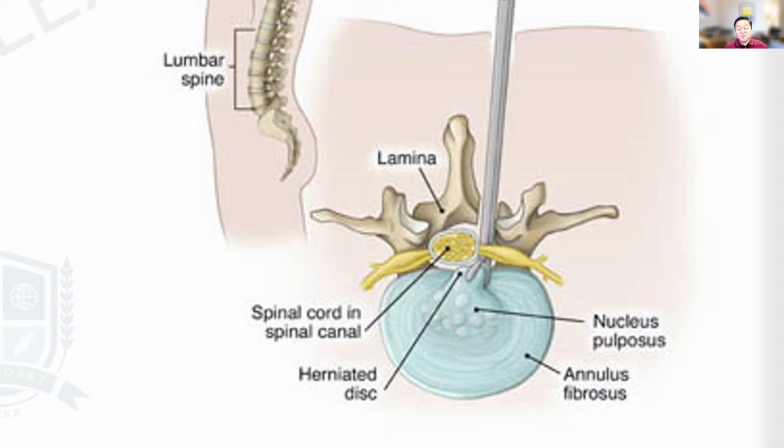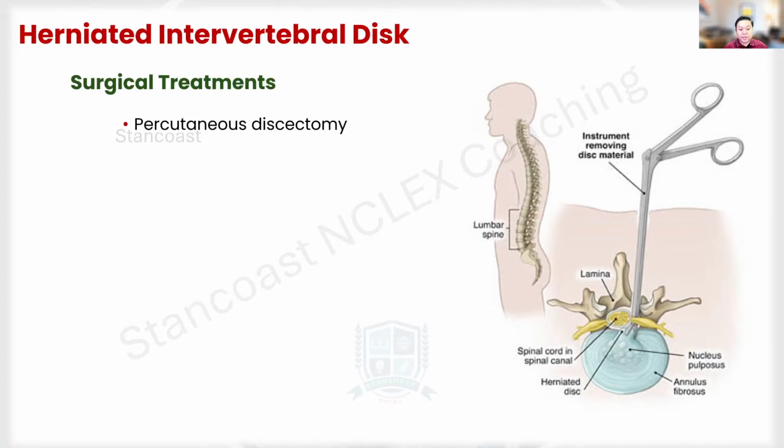Now, the same thing with the other surgical procedures. Our goal here is to control the patient's pain, making sure that they are assessed and monitored on their pain levels post-op. Same thing, we're going to have to monitor for any signs of infection, and their mobility as well. We need to encourage light activity and promote ambulation as tolerated. Light activity will be very important for all these surgical procedures.